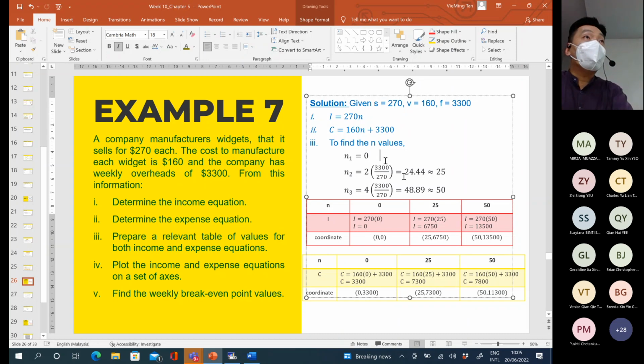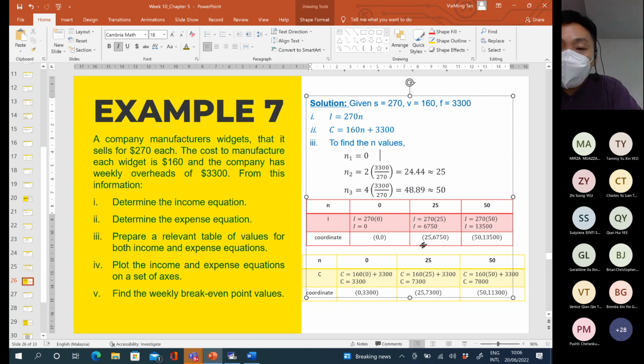Once we have decided the three x values, the next step is to identify the y value, in this case the I value. When x is equal to 0, that means n is 0, so 270 multiplied by 0, I is equal to 0. So the first coordinate is (0, 0).